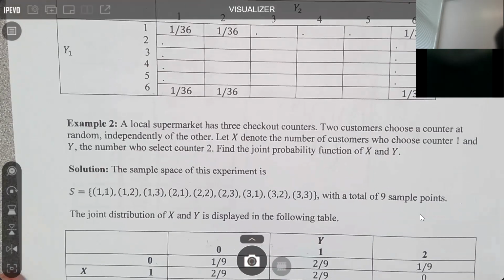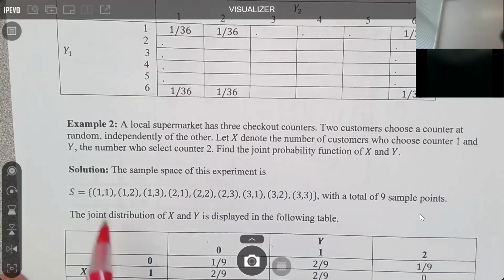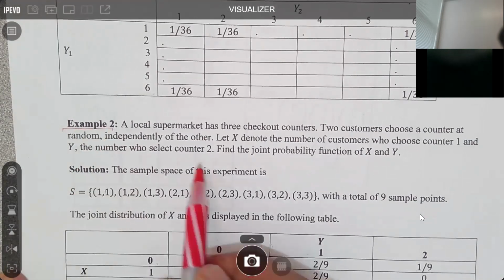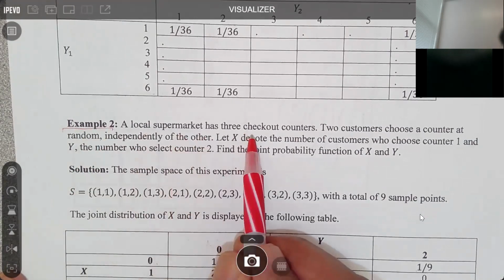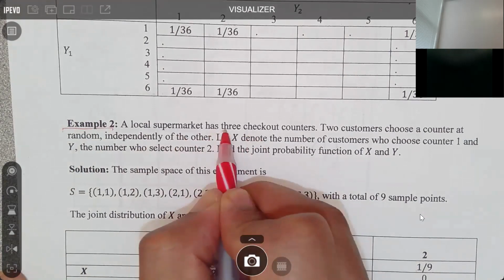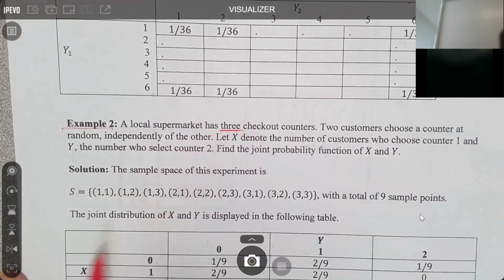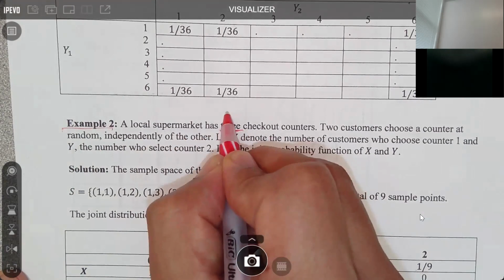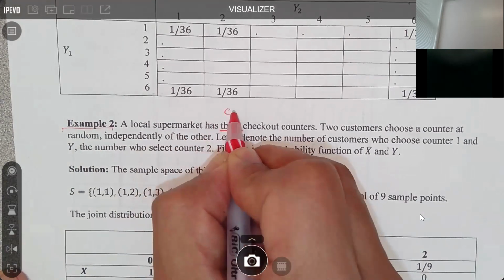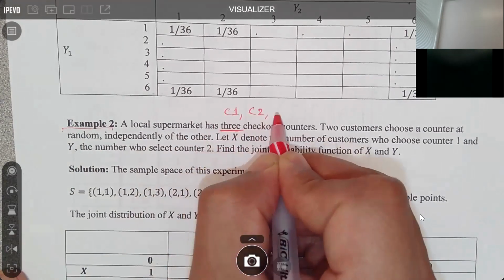Now, another example. A local supermarket has 3 check counters: check counter 1, check counter 2, and check counter 3.